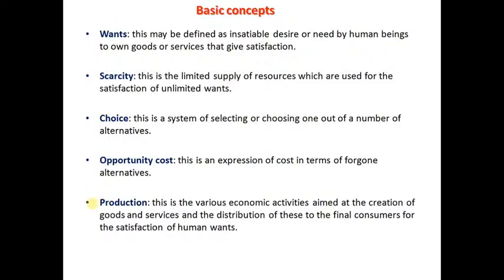So in essence, all the things you're doing in economics is for you to satisfy wants. You satisfy these wants with the limited scarce resources by making choice and leaving some through opportunity cost.